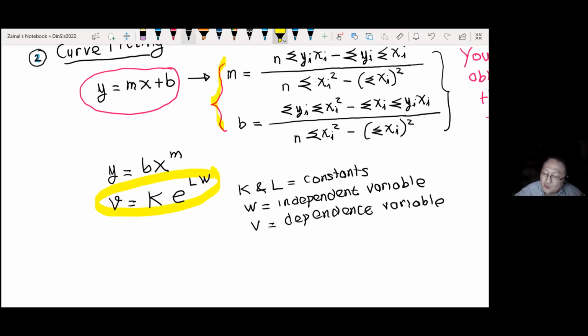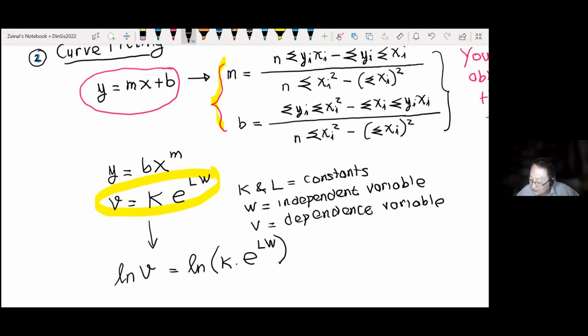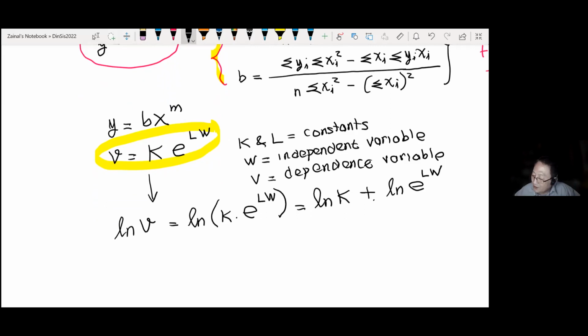So what we do is applying ln. If you apply ln of phi, it is equal to ln of K multiplied by e to the L omega. And this is the same as ln K plus ln e to the L omega.